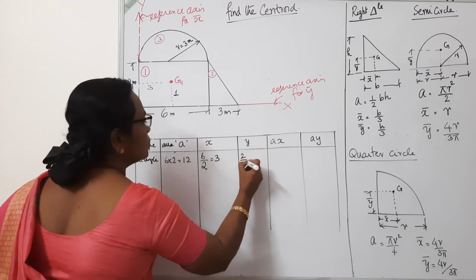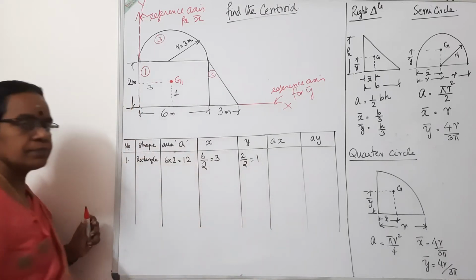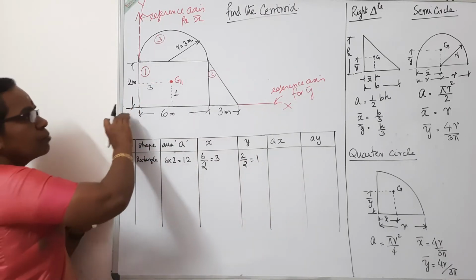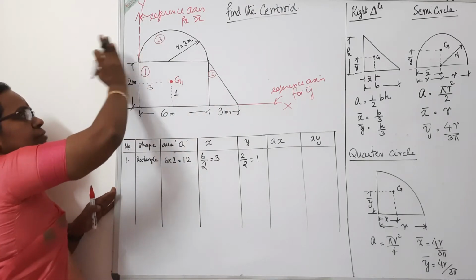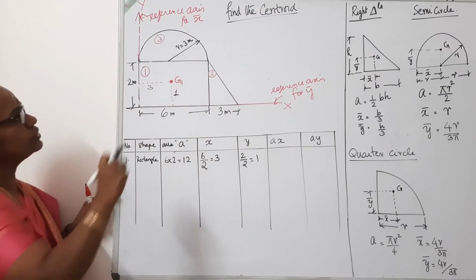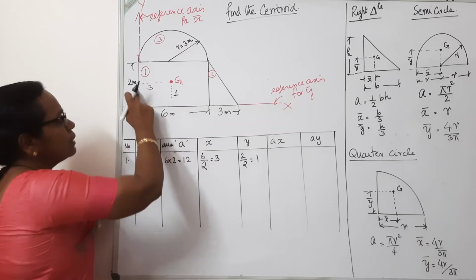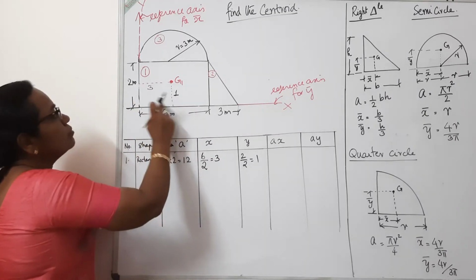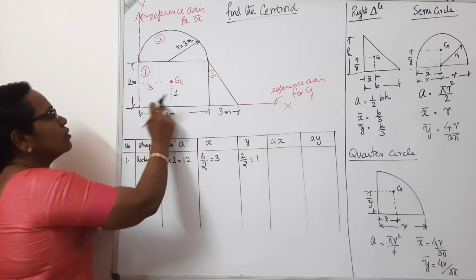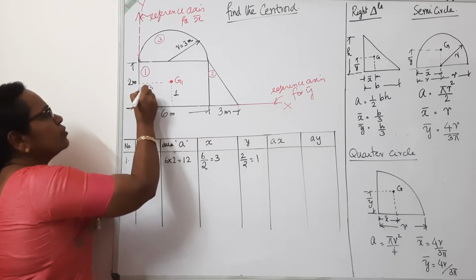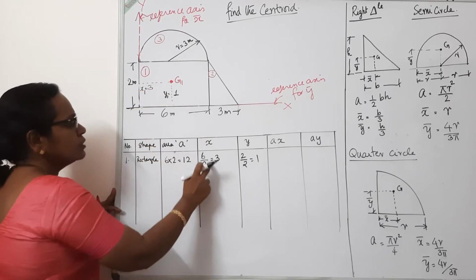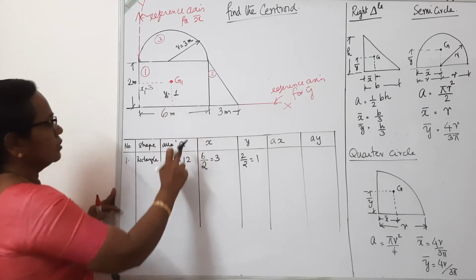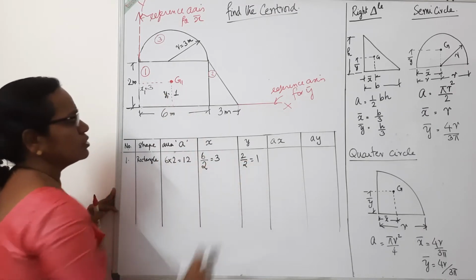Taking the bottommost line as reference, we get y bar, and taking the leftmost line as reference, we get x bar. So for the first figure, a rectangle of area 6 by 2, x1 is 3 and y1 is 1.